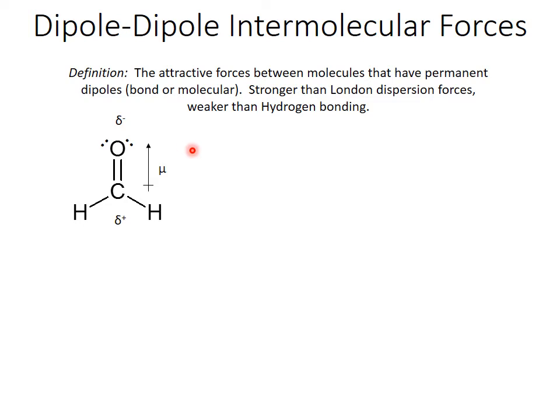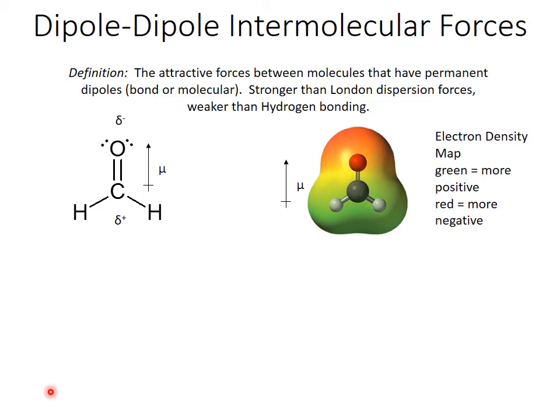Let's take a look at a map of the electron density. Here we have our formaldehyde, hydrogen, carbon, hydrogen, the oxygen up here. This is the electron cloud that surrounds this molecule full of all of its electrons. It's shaded to show us where the electrons tend to be and where they don't tend to be. Red means more negative, more electrons, and then more green means fewer electrons and therefore more positive charge.